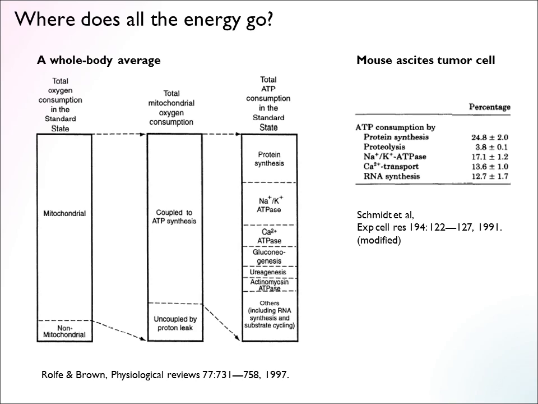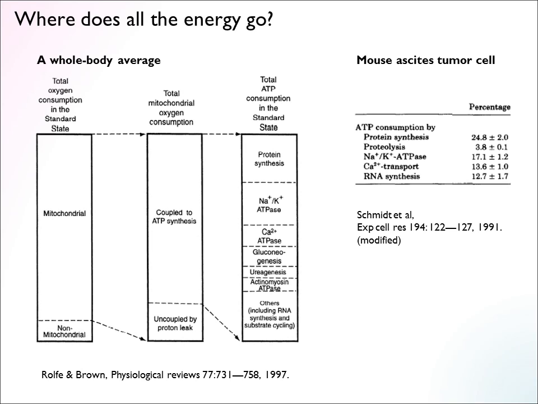So in numbers, where does all the energy from energy metabolism go? This is also difficult to measure and come up with, and some of these numbers are theoretical, but some of them people have been able to measure. This is also from the review by Rolfe and Brown. They try to come up with a whole body average, taking into account roughly the composition of cell types and organs.